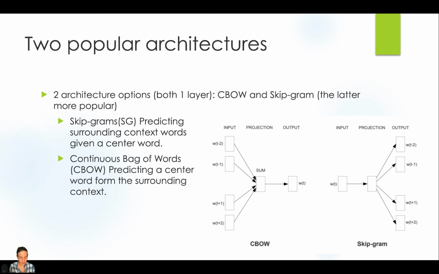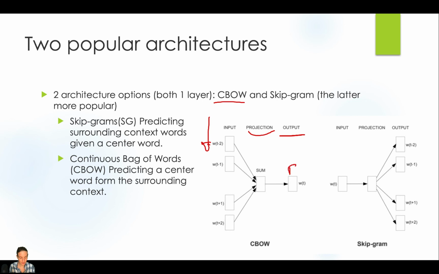So how do we train this model, or how do we get to these word embeddings? Typically, if we look at word2vec, there are two different architectures that are often used. In the first architecture, continuous bag of words, we have our input words, this is our sentence, and we project it into a one-layer neural network that predicts the output.